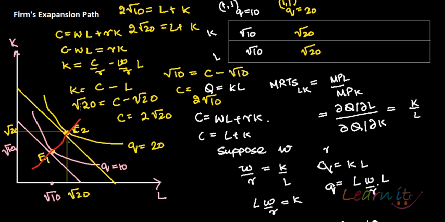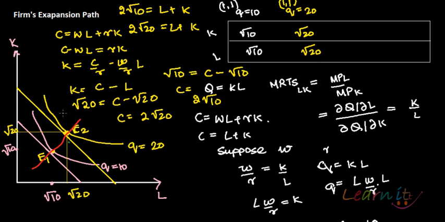So for each Q, the firm's expansion path finds the input choices that minimize the cost of producing Q. If input costs remain constant for all amounts, we can easily trace out this locus of cost minimizing choices. So this is your firm's expansion path.